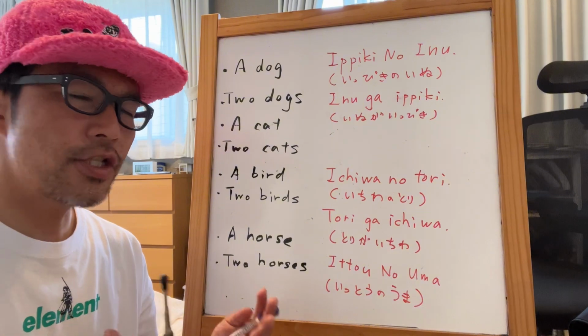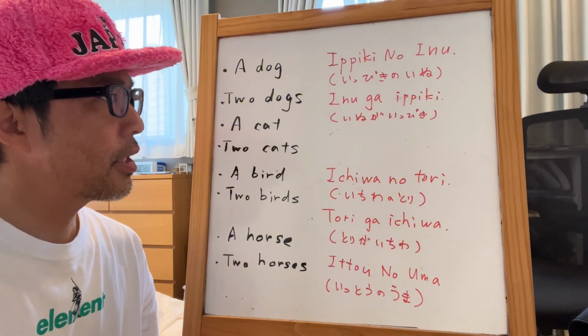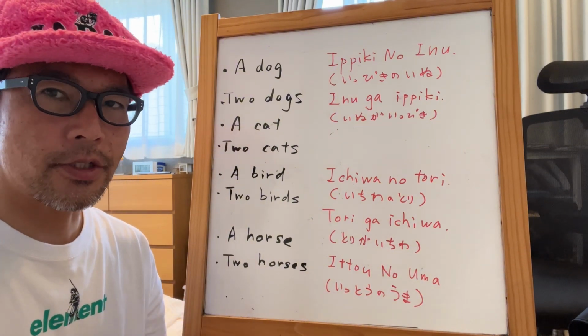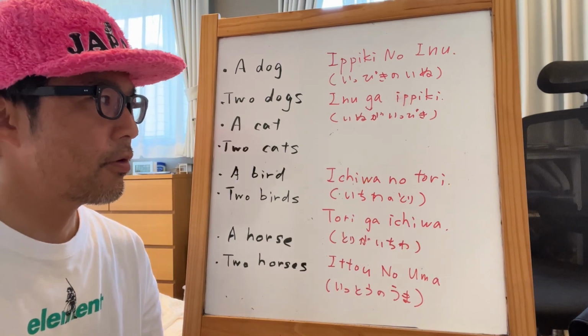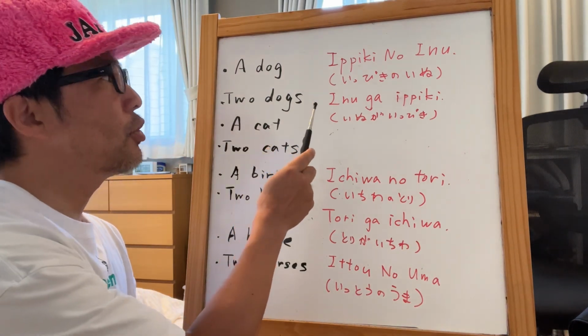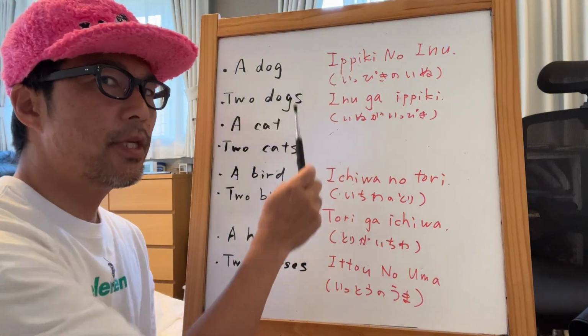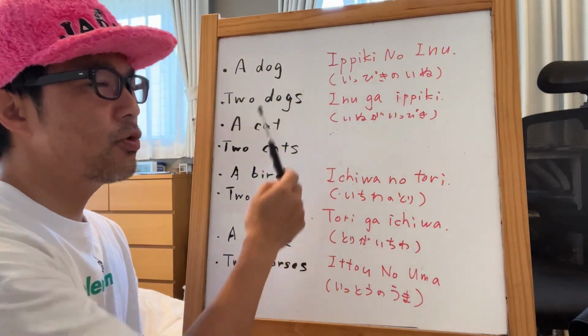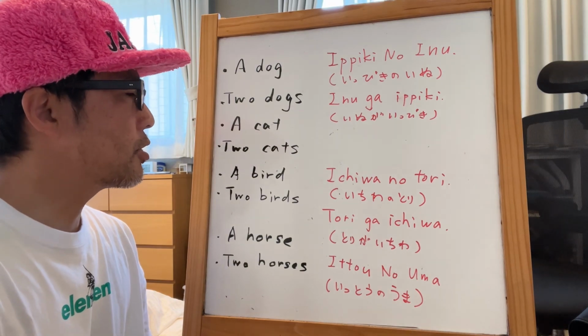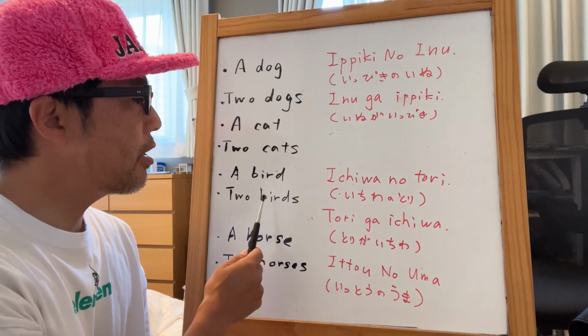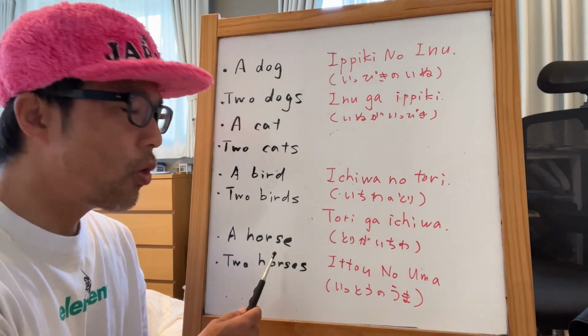Because in the Japanese language, there are several ways to express animals. For example, you can use ippiki with inu, neko, but you cannot use piki with birds or horses.